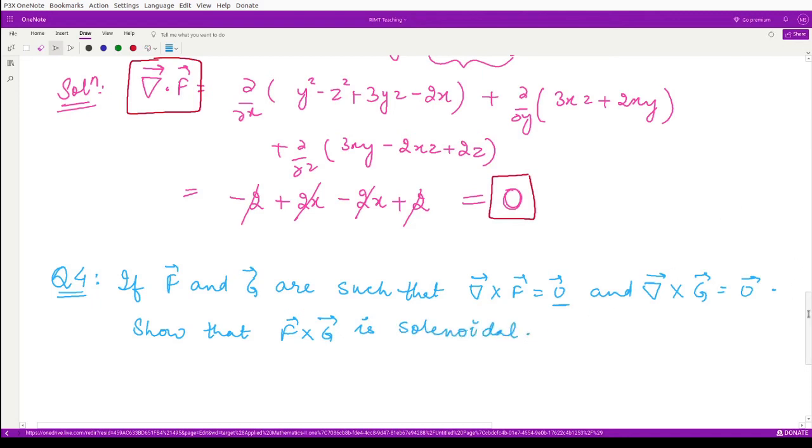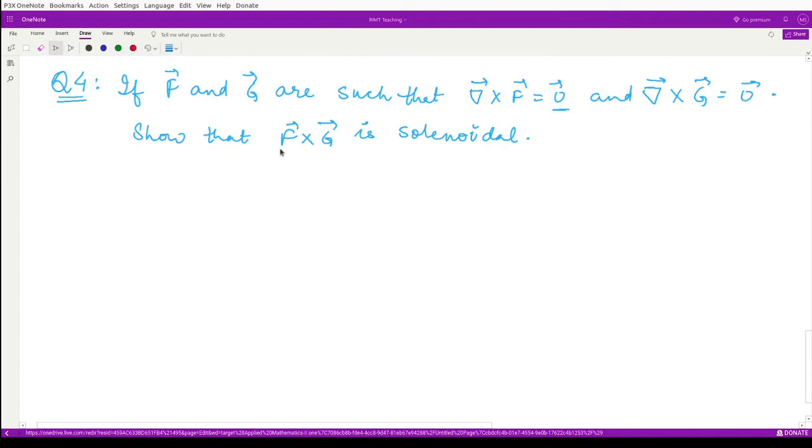So for this part, we are to show that this quantity is a solenoidal vector quantity.